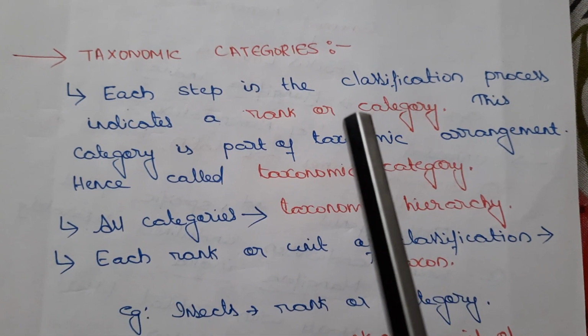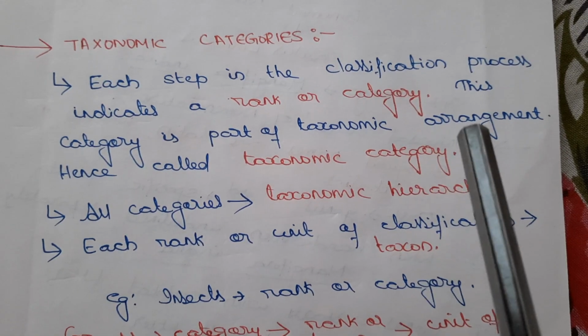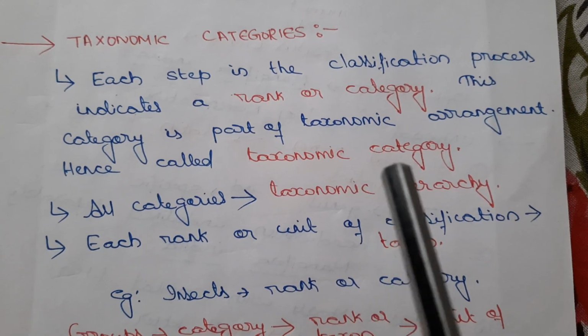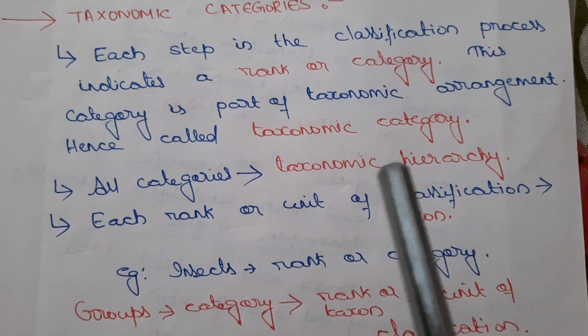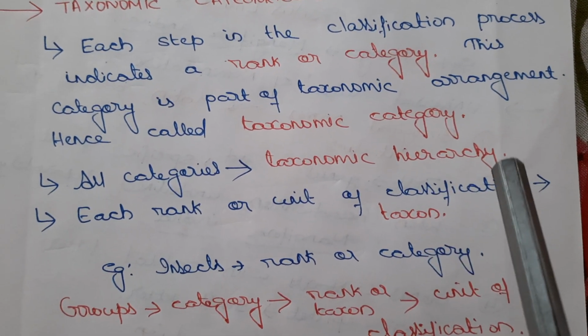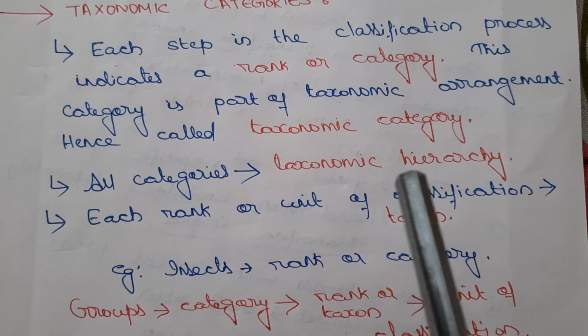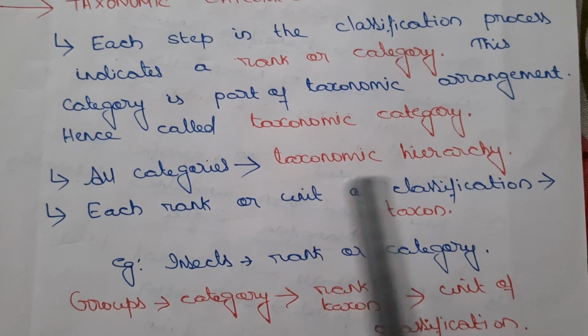Since this categorization is a part of taxonomic arrangement, we call it taxonomic category. All these categories together we call the taxonomic hierarchy.